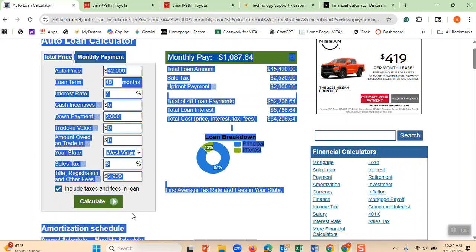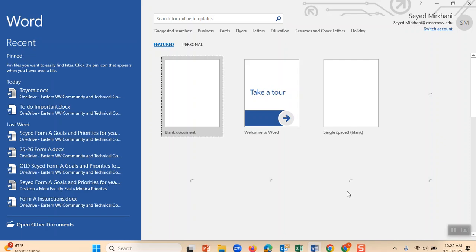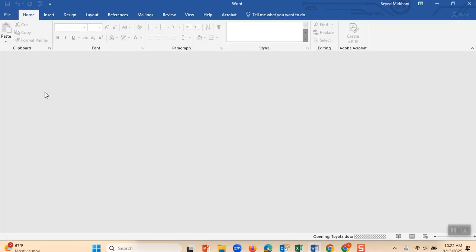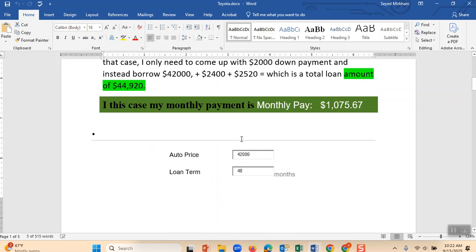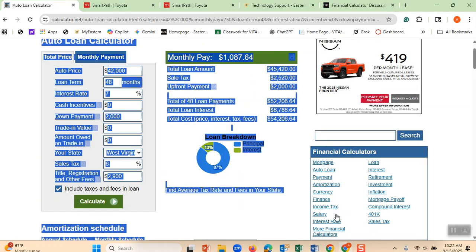It wants limited. Therefore, I did that, and first I transferred everything to Microsoft Word. Let me see where Microsoft Word is. Here it is. I opened Microsoft Word, and I put that table here. Do you see that? Where is that calculator? It is here.